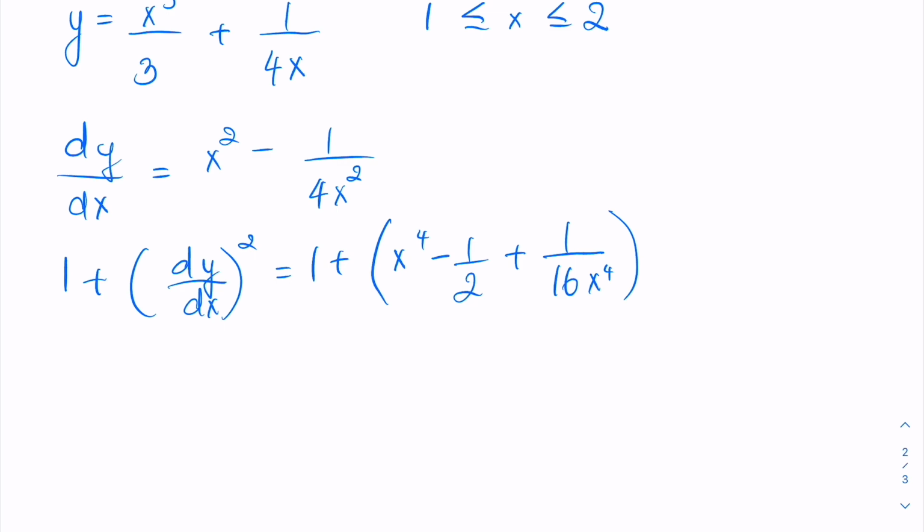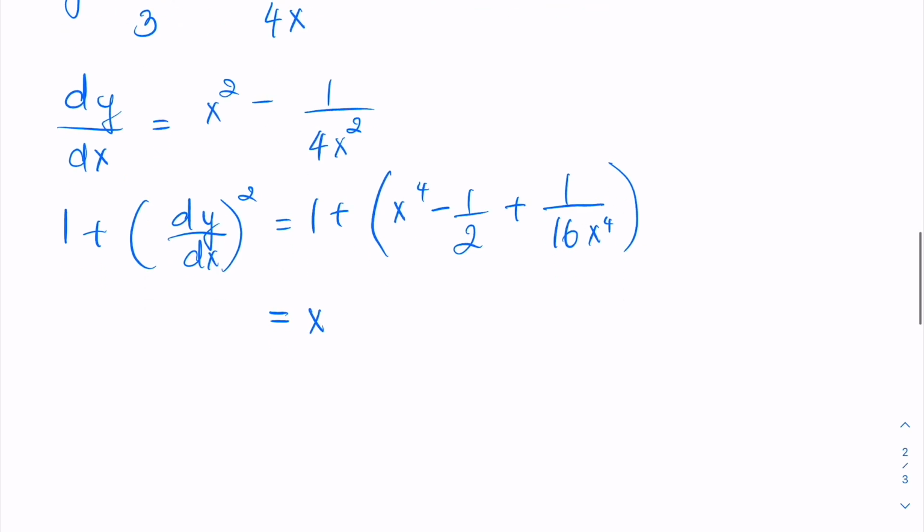But first, let's take care of the 1. So if I simplify, I have 1 minus 1 half, so we ended up with x to the 4th plus 1 half plus 1 over 16x to the 4th.